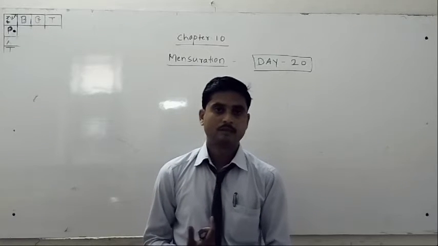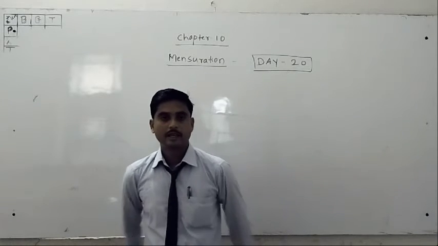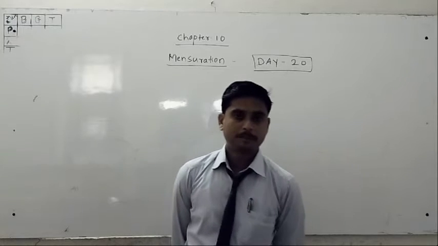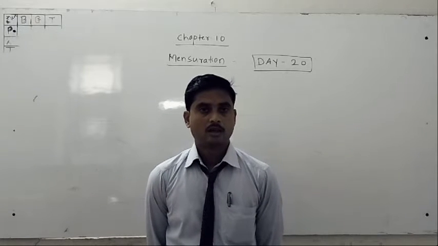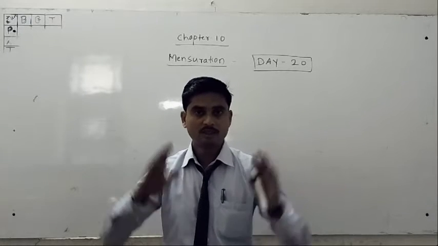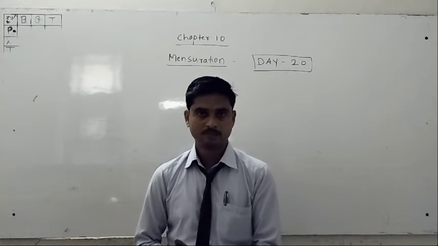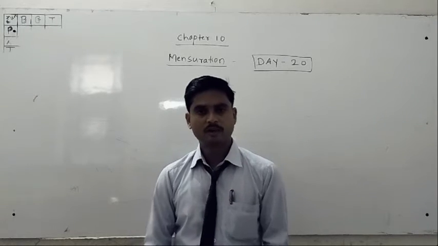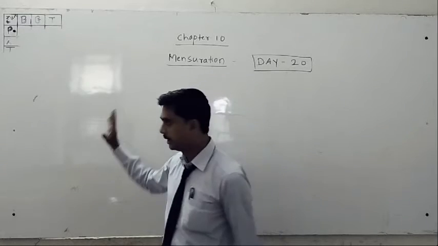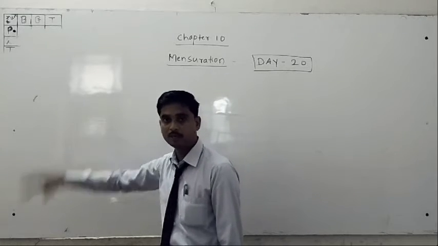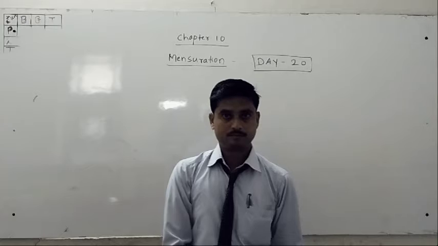Okay. Then what is area? Who is telling what is area? Yes. Area means how much place a figure occupies, that is the area of that figure. Which figure you take, for example, that textbook, this whiteboard enclosed.